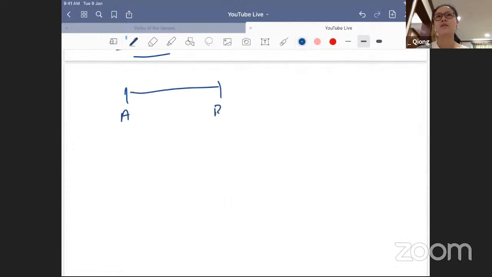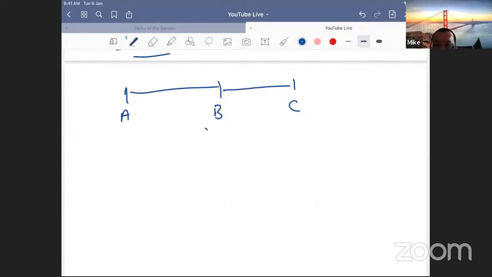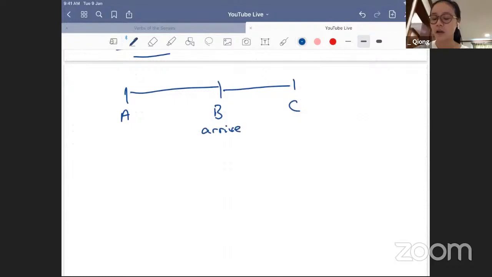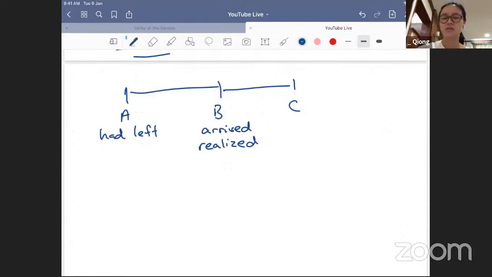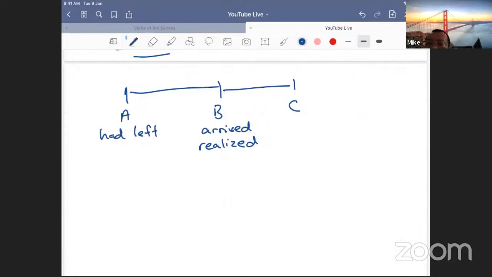When I arrived at the airport, I realized I had left my passport at home. So in this sentence I used the past simple and the past perfect, right? But do we use the past continuous in the same situation? Or can you give me an example sentence?